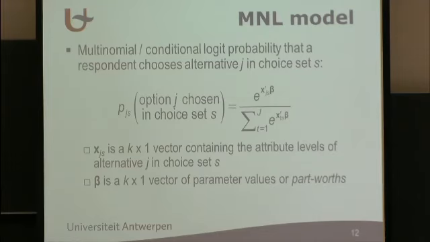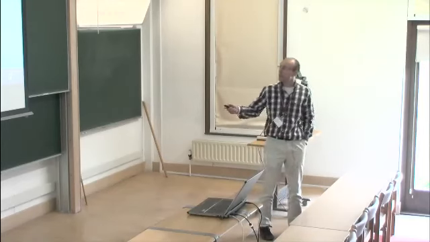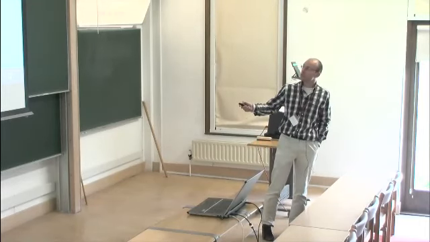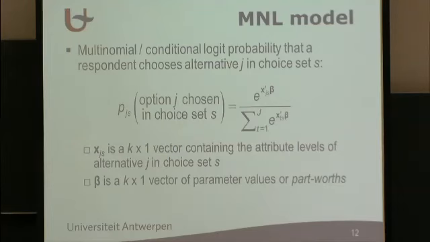And in this expression, the x vector describes the levels of the attributes in each alternative, and the beta vector is in marketing often called the partworth vector, but that vector describes the preferences that people have for the different levels of the attributes in your study. And it's this beta vector that we want to estimate after collecting the data in the choice experiment.